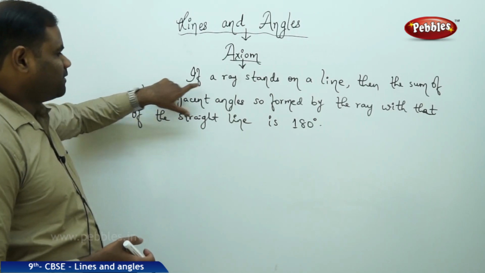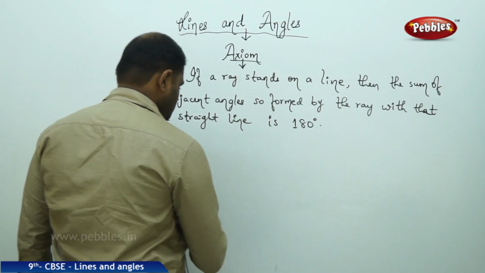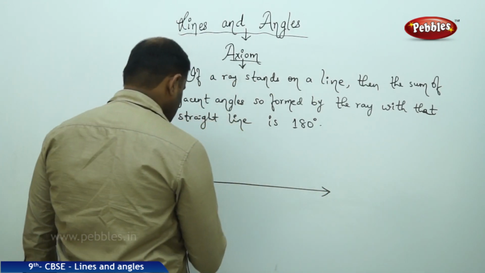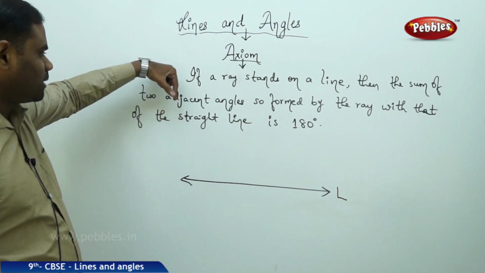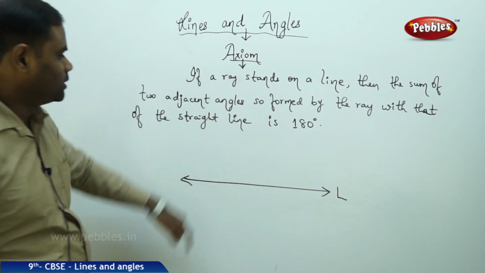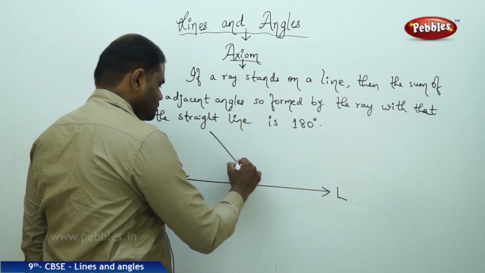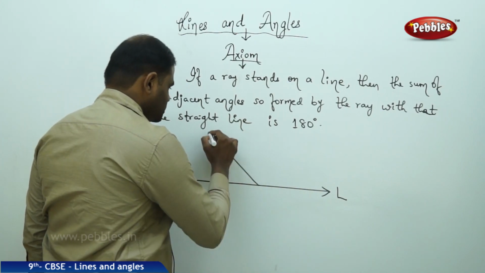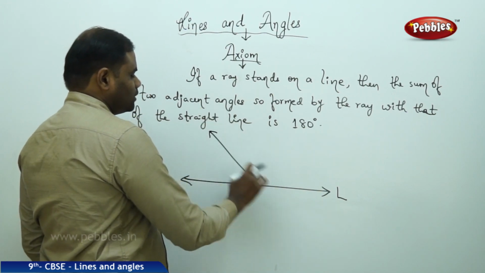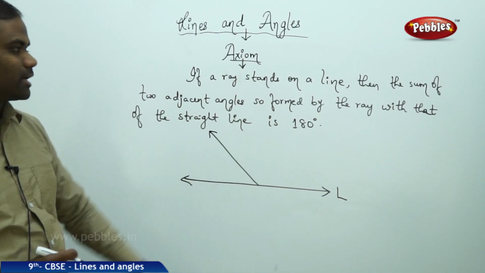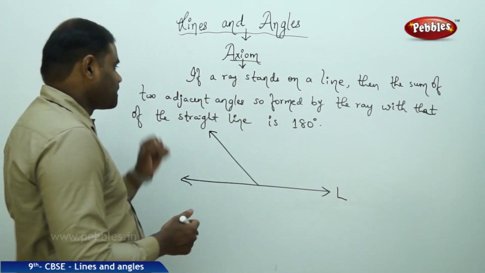So here it says, if a ray stands on a line, so let me take a straight line. Here is the straight line, say L. And imagine I project a light through a torch on this. So a ray of light is made to hit here. If a ray stands on a line L, this is how it stands in any angle irrespective of 90 degrees.